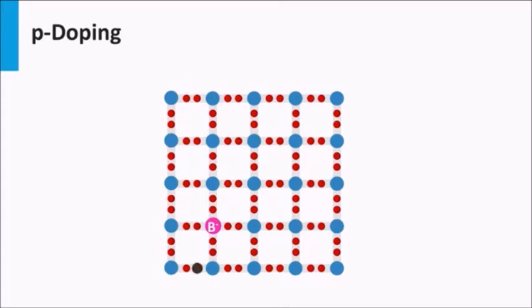The boron atom left behind is not neutral anymore, but becomes negatively charged. This negative charge is fixed to the position where the boron atom is residing in the lattice. The result is that by adding a boron impurity, we have 1 extra free mobile hole available and 1 fixed negative charge. This is called p-doping.